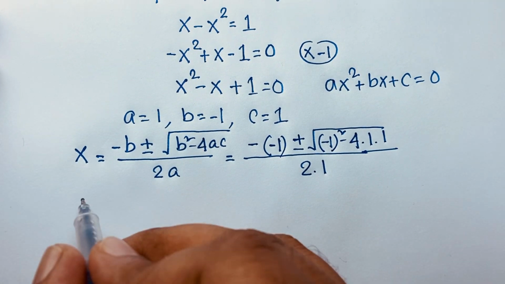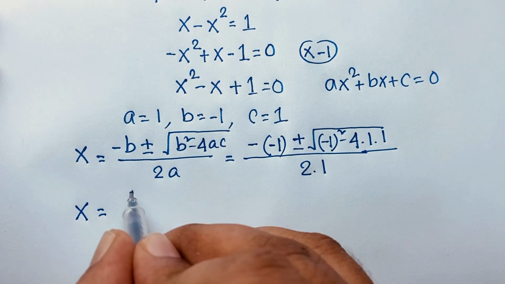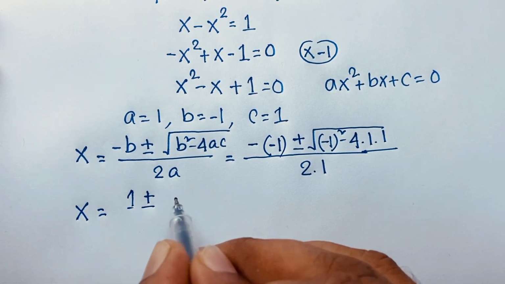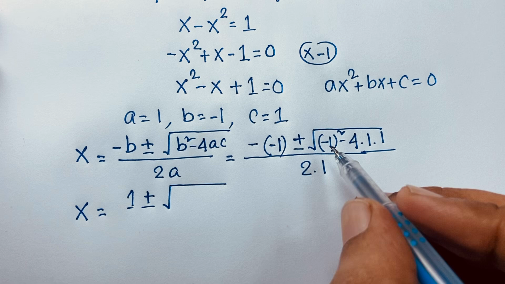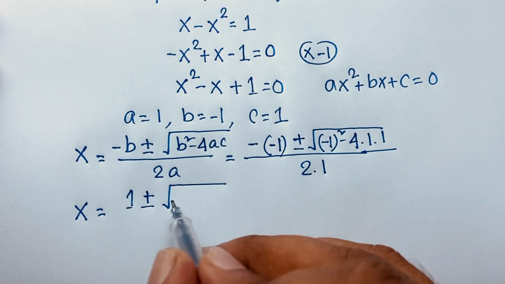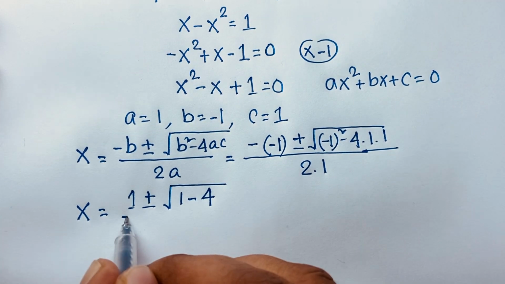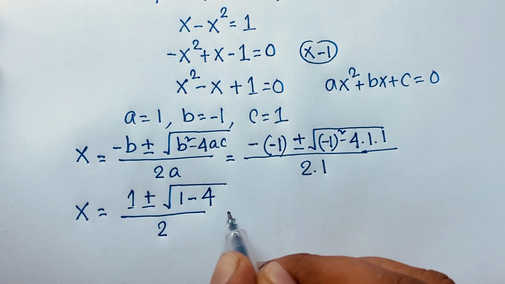Now here x, it will be minus minus, so plus 1 plus minus square root, you know that negative 1 whole to the power 2 is an even power, so it will be positive 1 minus 4ac, 4 times 1 it will be 4, over 2 times 1 it will be 2.